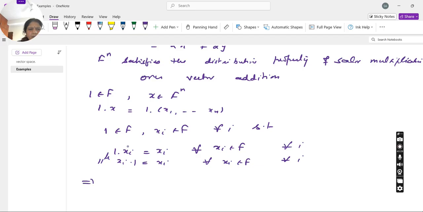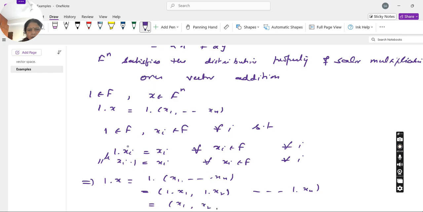That means 1 into x, which is 1 into (x1, x2, ..., xn), is now (1 into x1, 1 into x2, ..., 1 into xn). And this is (x1, x2, ..., xn). Right? So this is x only.